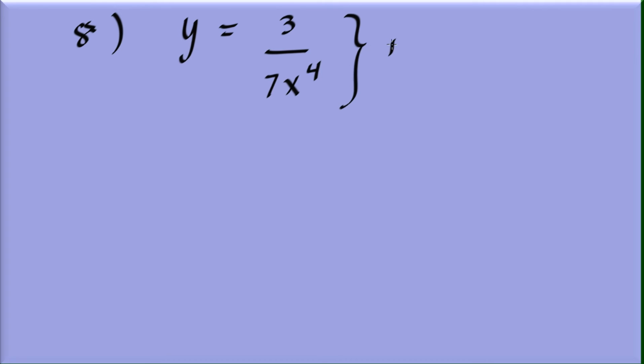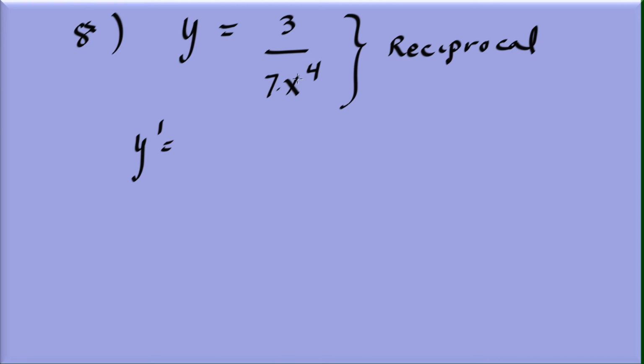Let's look at number 8. Say you have y is equal to 3 over 7x to the 4th. So once again, this is a what? This is a reciprocal, okay, with a fraction 3 over 7. So our reciprocal rule applies here.